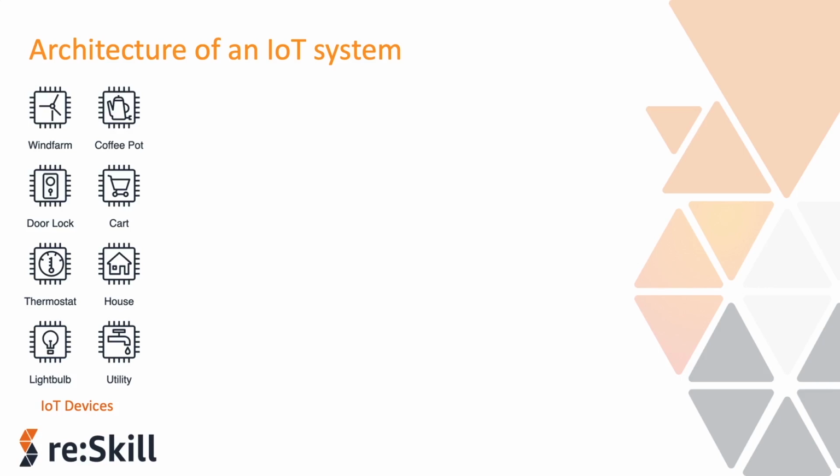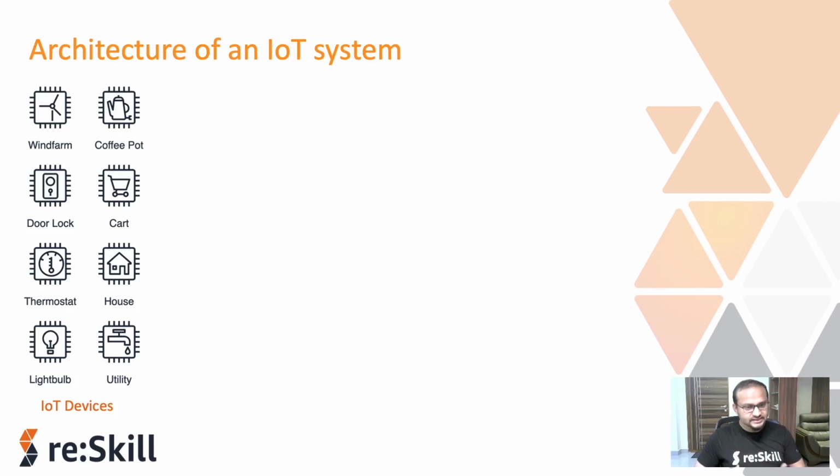I'm sure you have seen some examples of smart home or smart bulb, stuff like that. Any of these devices can be an IoT device that has the capability to either sense physical environmental stuff, or perform an action on the environment.